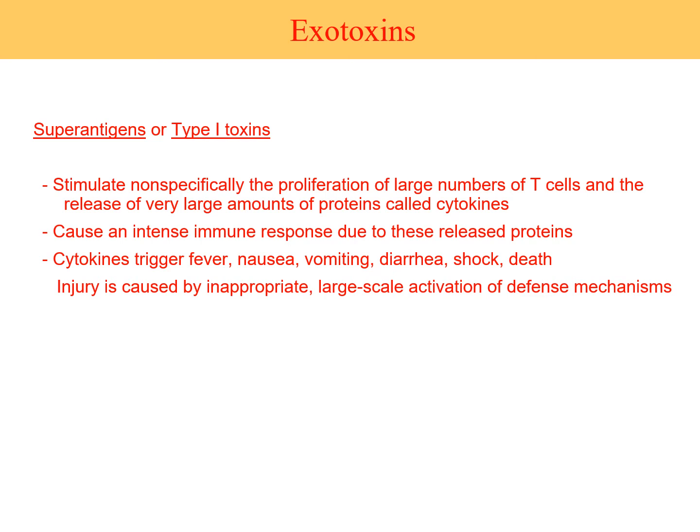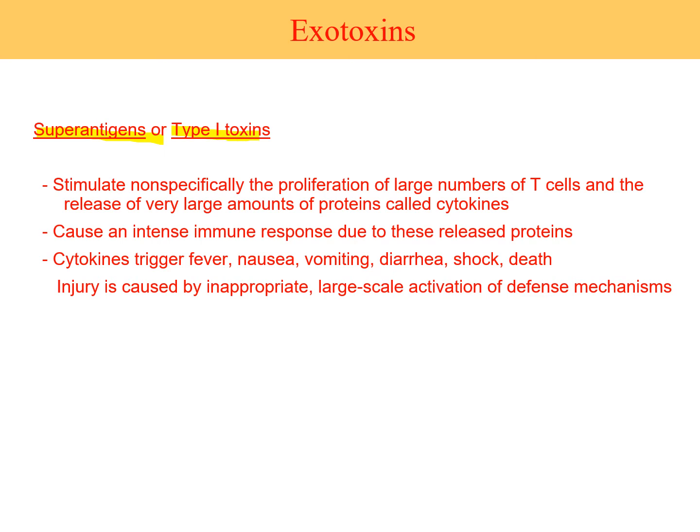It triggers a huge release of cytokines, triggering other kinds of defense mechanisms, but it's such an inappropriately large response that it's actually the body's own response that causes the injury to the person. That's superantigens, also called type 1 toxins.